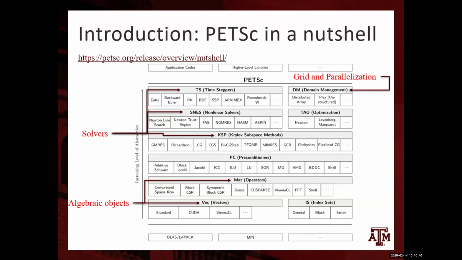So it's built on those, and then it provides you lots of utilities, so you don't have to develop your parallel code from scratch. That was a very brief introduction of PETSc from a high-level standpoint.